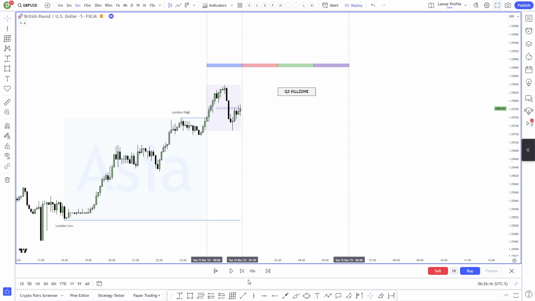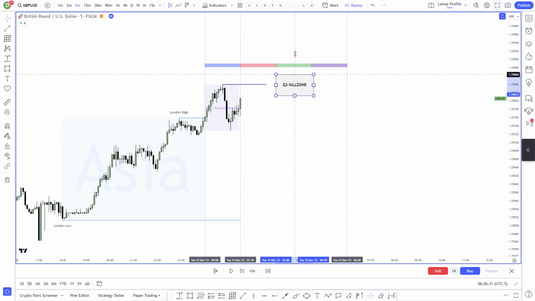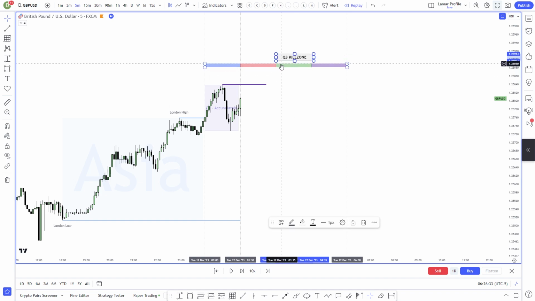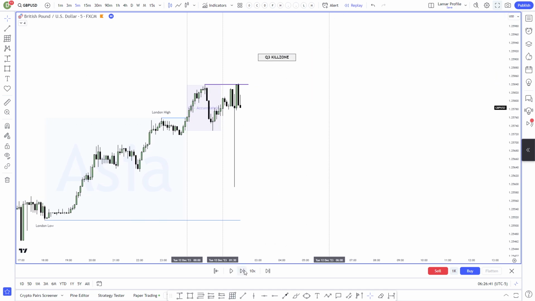Perfect. So, London high, Asia high. Asia high has been swept, right? What are we looking for now? We want to see price sweep the Q1 high, right? Then within our Q3 range, we'll be looking for lower prices, right? Let's see. Price spikes lower, manages to pretty much sweep the low, right?